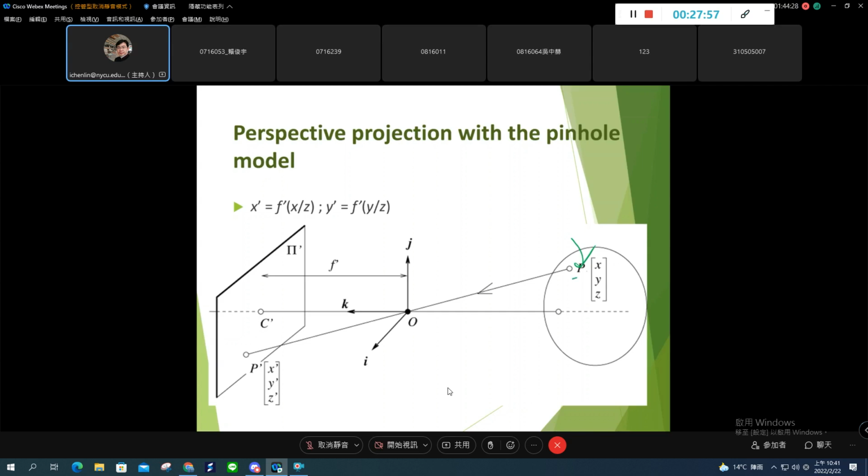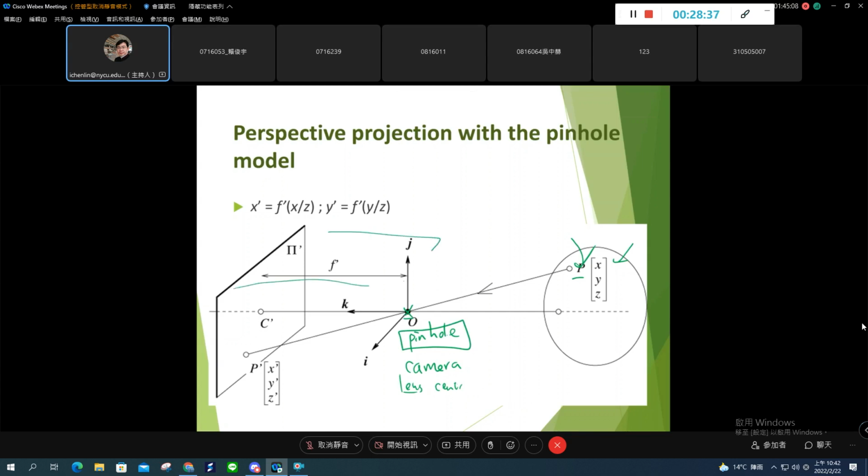So point P here has the three-dimensional coordinates X, Y, and Z, and it goes through a pinhole here. This can also be regarded as the camera center, or lens center; we will later see the camera with a lens. The ideal pinhole model is that light can only pass through the pinhole.